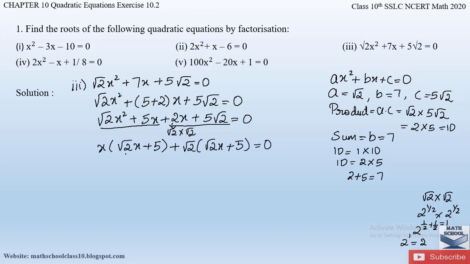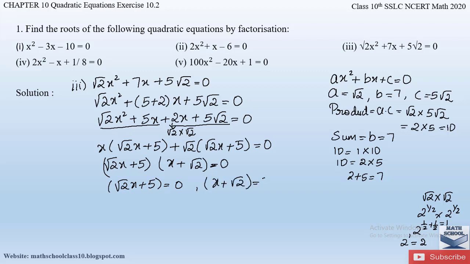So now if you observe, these two brackets are same, so now we can take them as common. So root 2x plus 5 as common, x plus root 2 is equal to 0. Now when root 2x plus 5 is equal to 0, and let us equate x plus root 2 is also equal to 0.